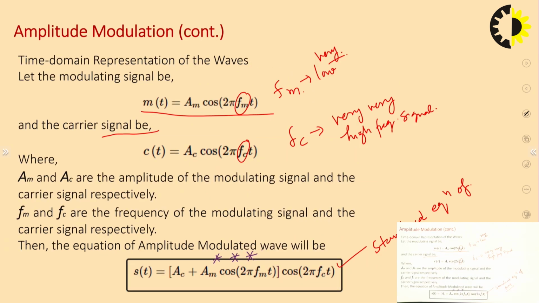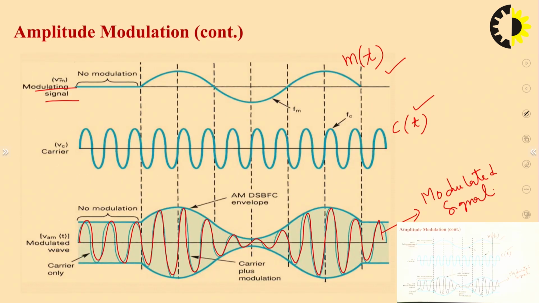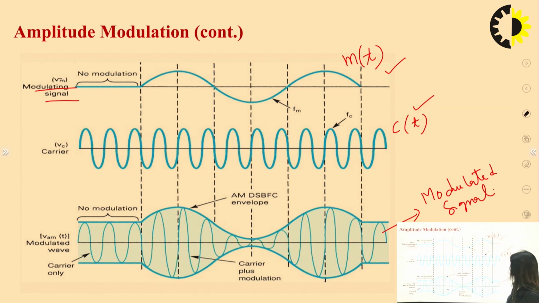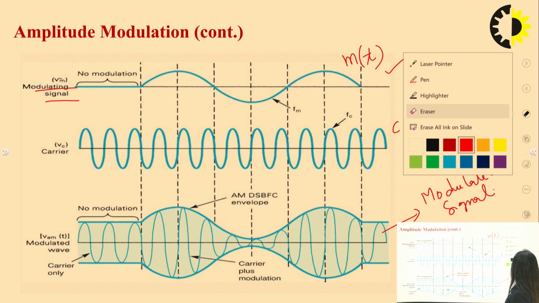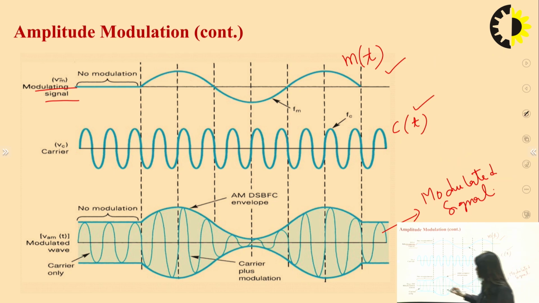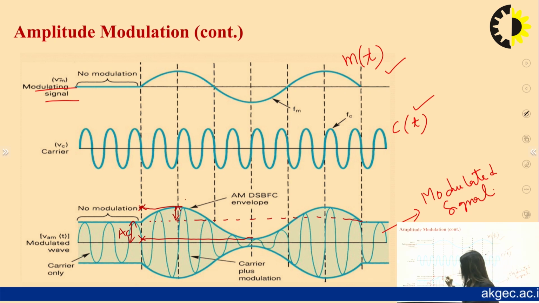Now if we see the graph again, I am interested to find out this particular point and this particular point. This is AC, and since it has been shifted like this, this particular is AM.